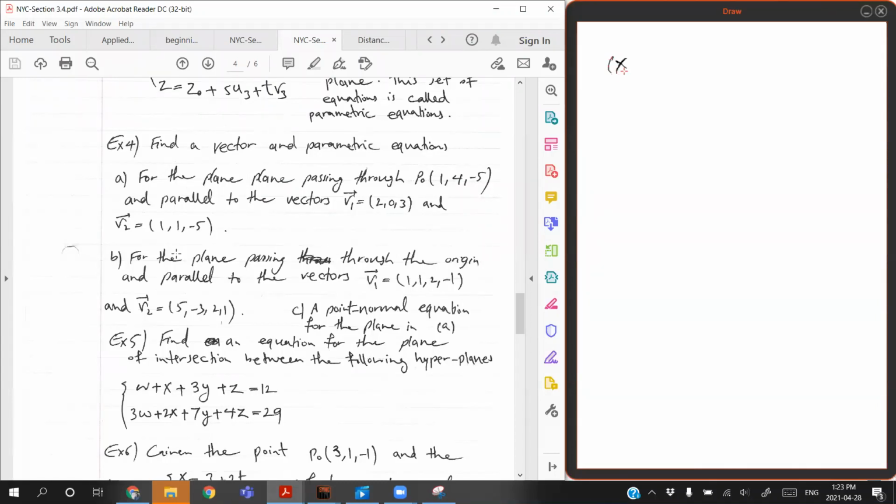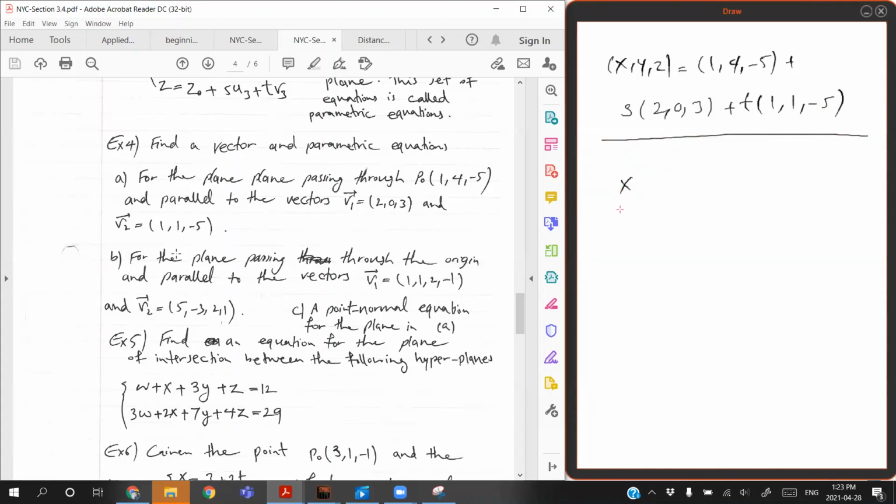So it's going to be (x, y, z) equals the given point (1, 4, -5) plus, I can use s and t, s times v1, which is (2, 0, 3), plus t times v2, which is (1, 1, -5). Now, this would be the vector equation.